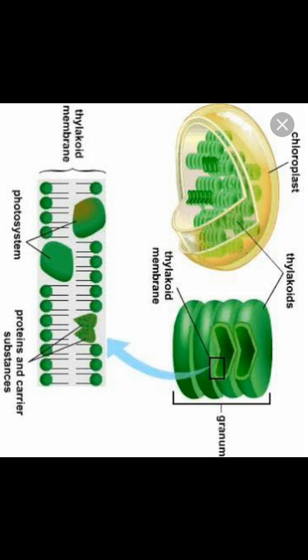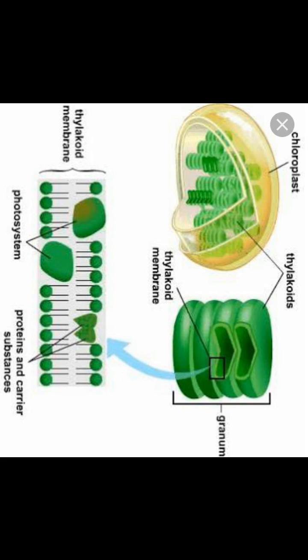Then one more point. Thylakoids are present in the stroma. Understand? But thylakoids are arranged in stalks like piles of coins called grana. You can see on the screen thylakoids arranged one above another, and the set is called grana.